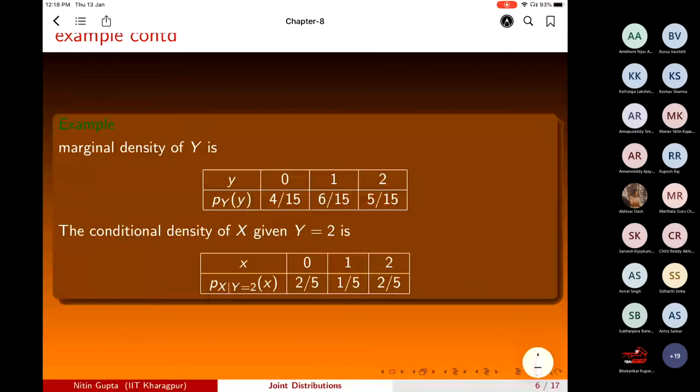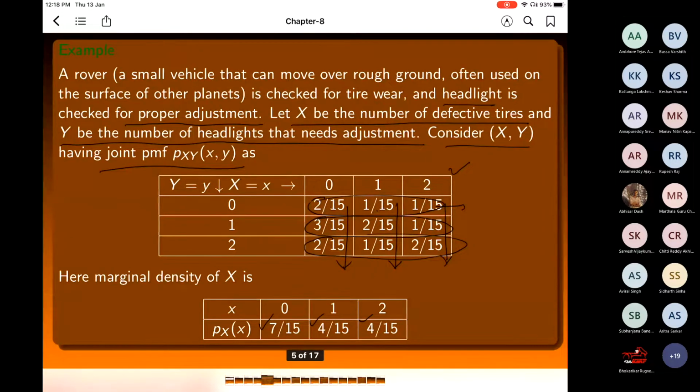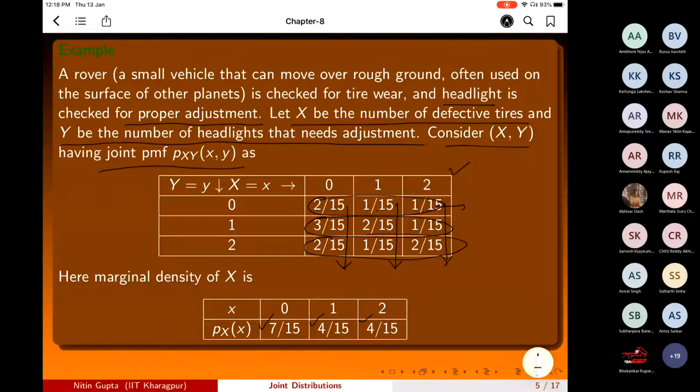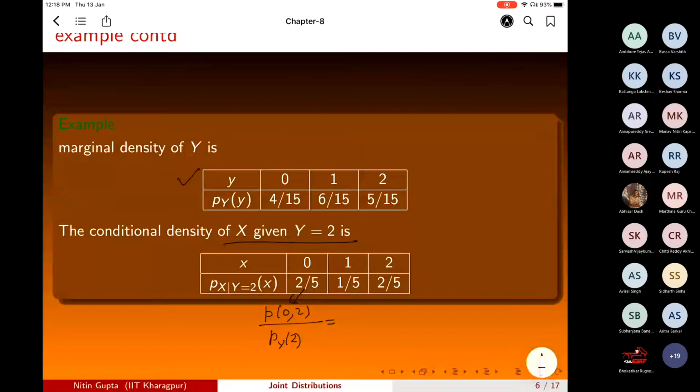In this fashion, you can also find the conditional density of X given Y equals 2. The first value will be P(0,2) over P_Y(2). P(0,2) is 2 by 15, upon P_Y(2), which is 5 by 15.